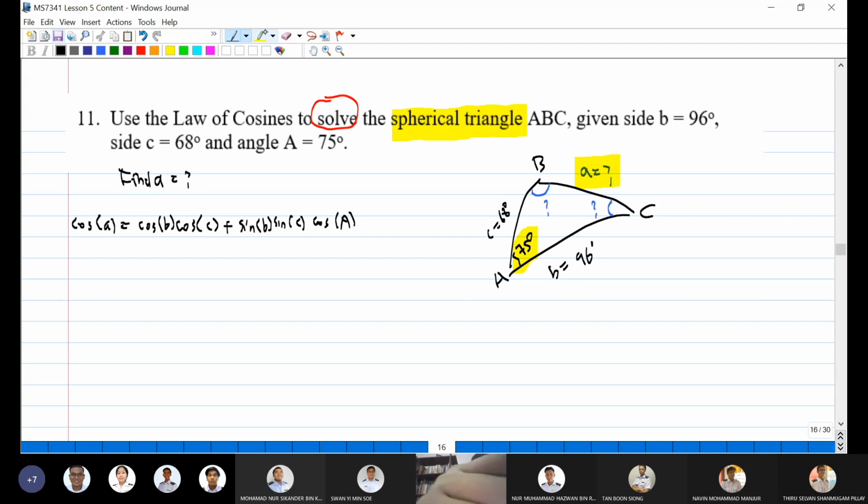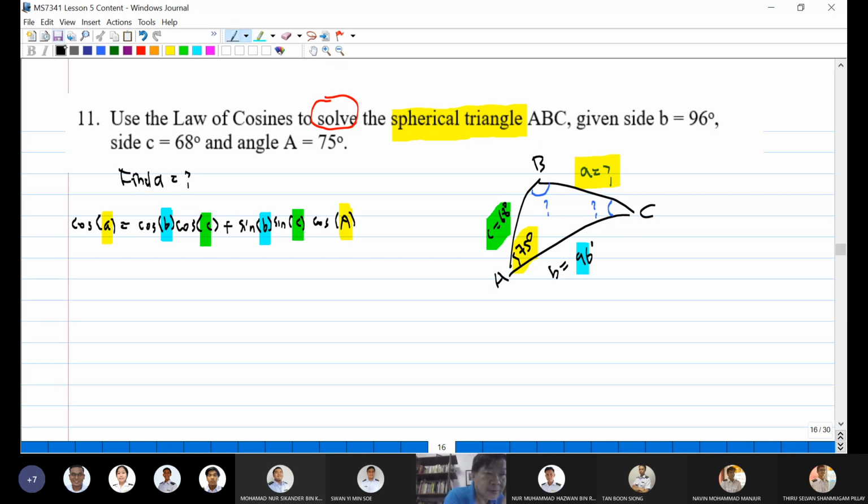So you see the pattern of how the law of cosine looks, even though the formula is provided. These two are corresponding, and for b and c you do cosine first, then multiply by sine. So the corresponding terms are in the law of cosine.